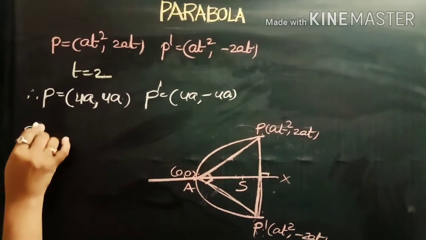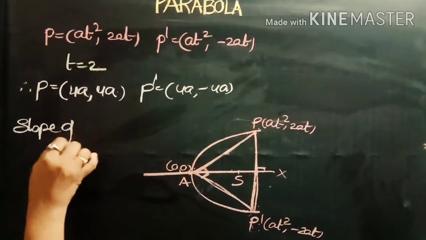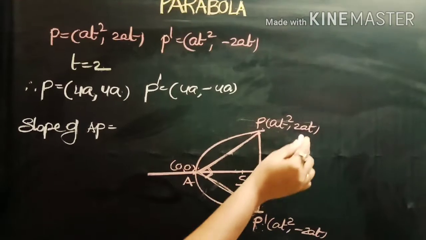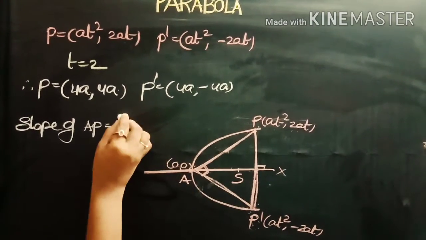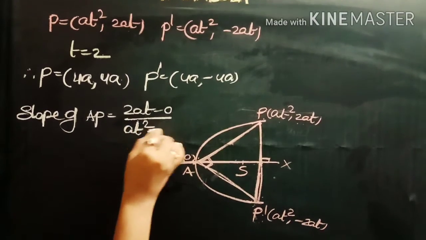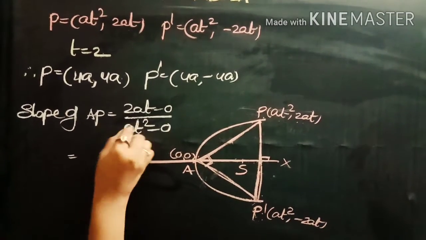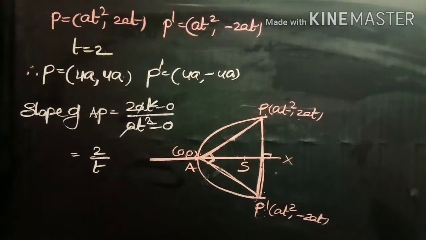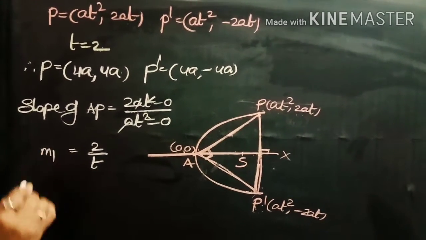First, the slope of AP is y2 minus y1 by x2 minus x1, that is 2at minus 0 by at square minus 0, which is equal to 2 by t. We take this value as m1.